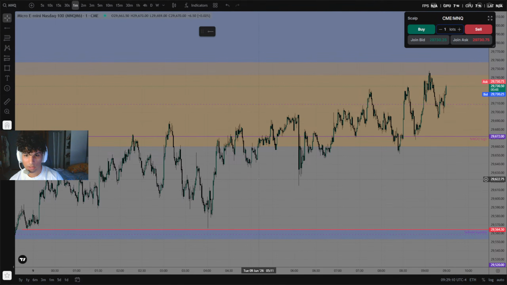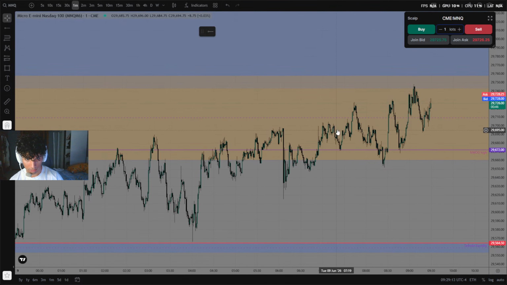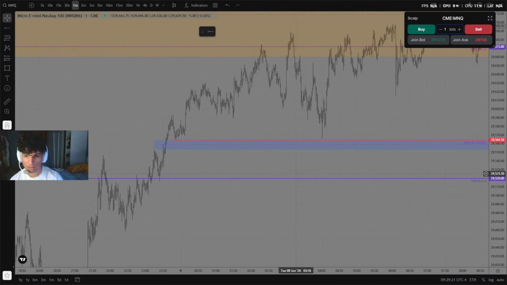Same thing at the macro, took the sell side and went up to the buy side. 8:30 and midnight. Where is midnight open? Midnight is here, so probably price is going back to here.